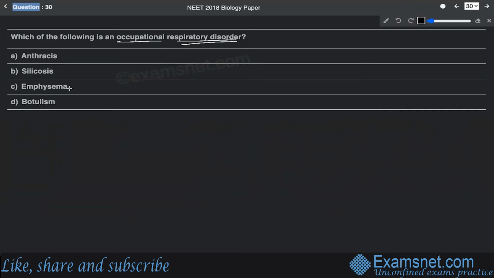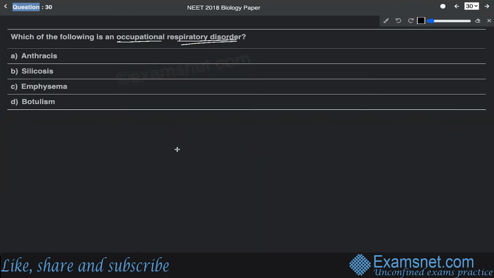Let us scan the different options. Anthracis is basically the anthrax disease, which is caused by Bacillus anthracis, and it usually affects domestic and wild animals.